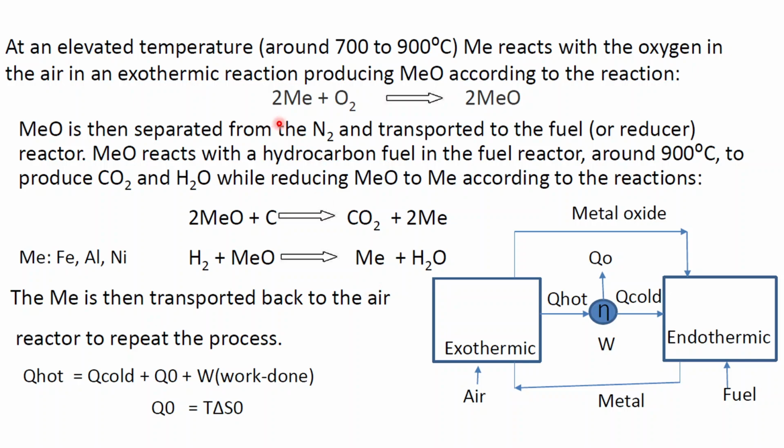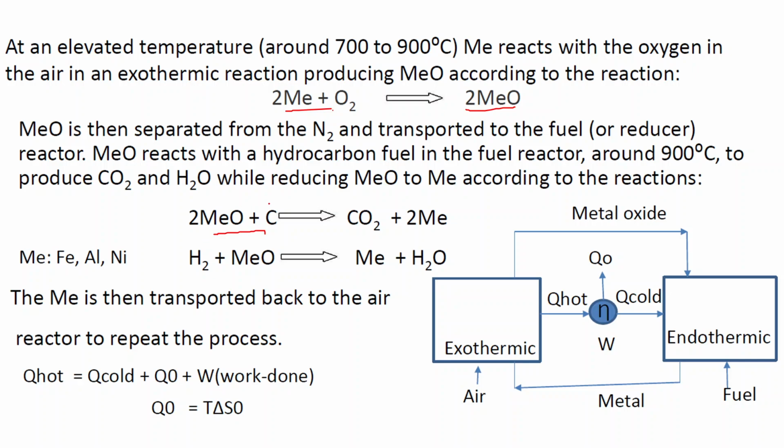So basically here we can see this is the reaction for the oxidation of metals, and this is the metal oxide which we get during the oxidation.